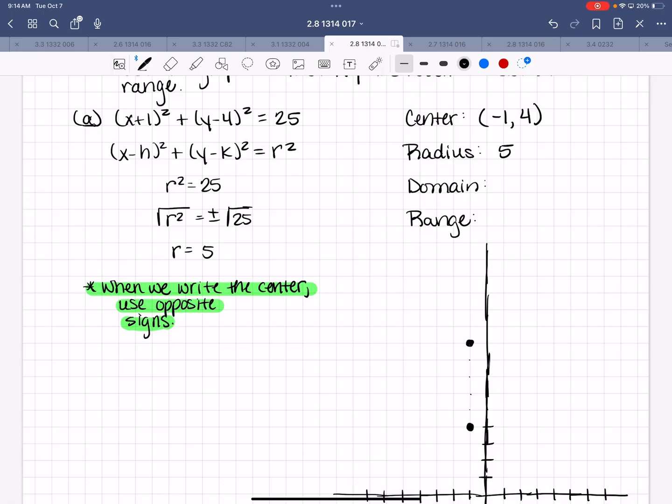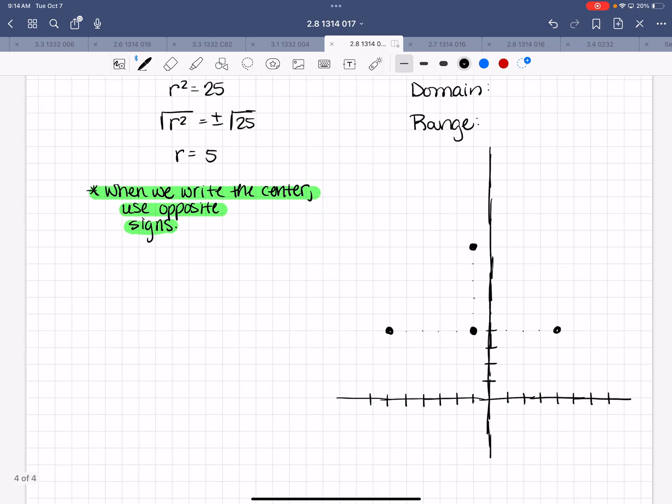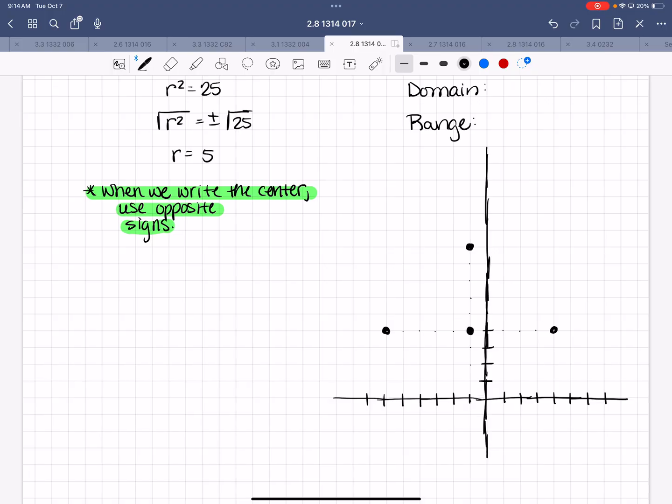That point lies on the outside of the circle. I'm going to go right 5, left 5, and then down 5. Those 4 points are the edge of your circle.